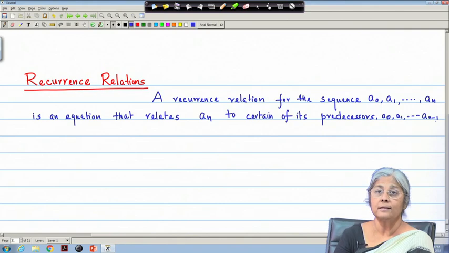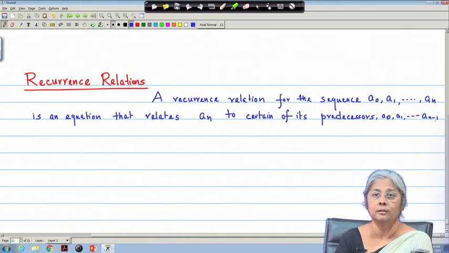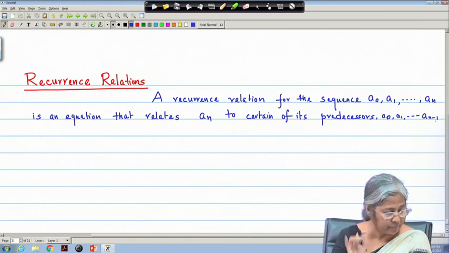So, a recurrence relation gives a relation of how An is related to its predecessors.